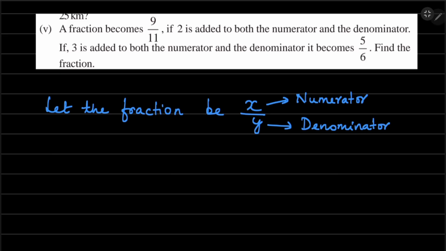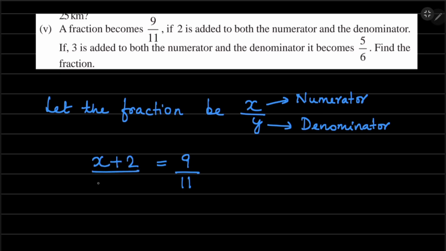Now let's read the question and just apply the same here. What is given? The fraction becomes 9 by 11 if 2 is added to both numerator and denominator. So what is the existing numerator? It is just x plus 2.